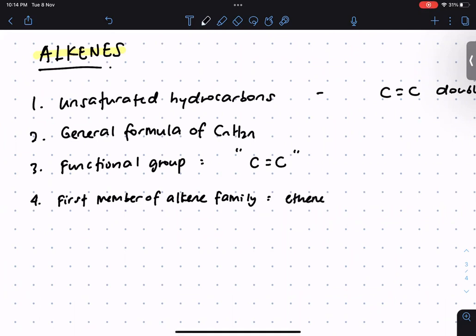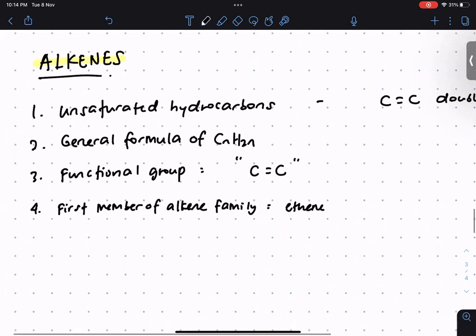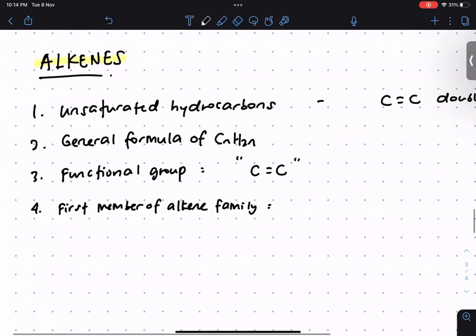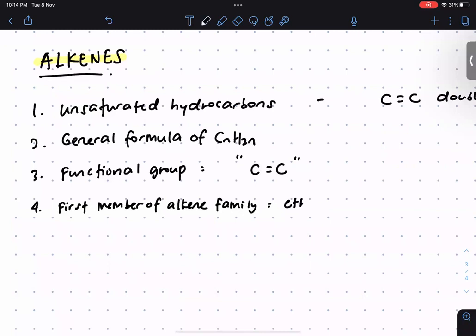There's no such thing as methene. They like to ask a trick question, to name the first member of the alkene family, and then students tend to write methene. There's no such thing as methene.